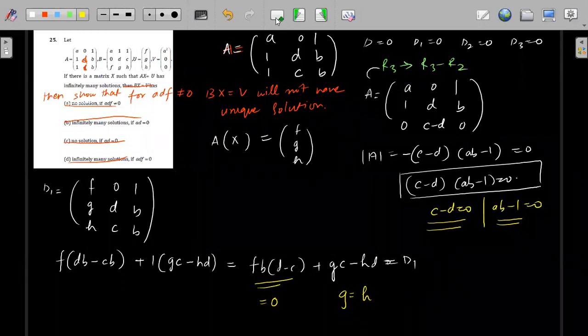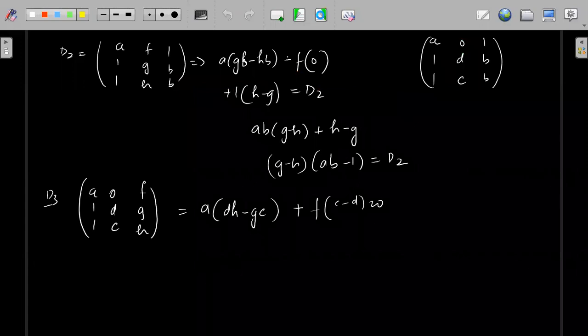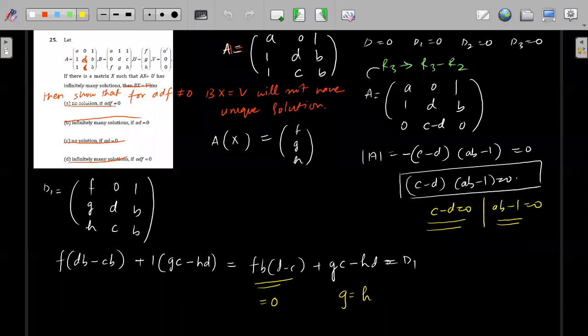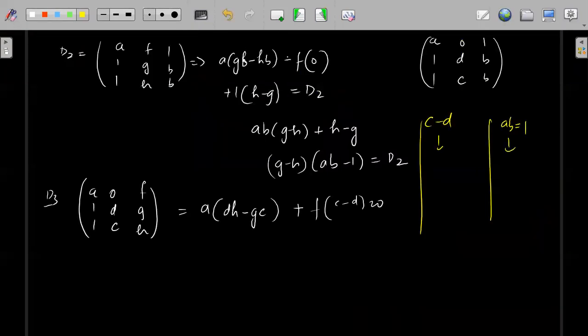For the first case, C minus D, write down D1, D2, D3 being 0. Then you can have AB is equal to 1 from the previous one, and then the values of F, G and H. Write down those cases, see for which values it will become 0, and then use these cases to find the solution of the next one.